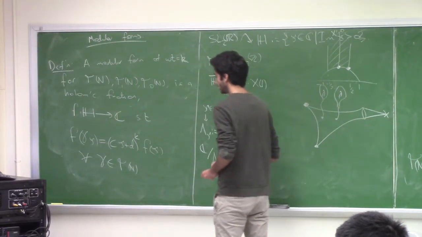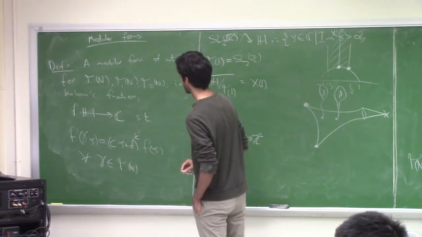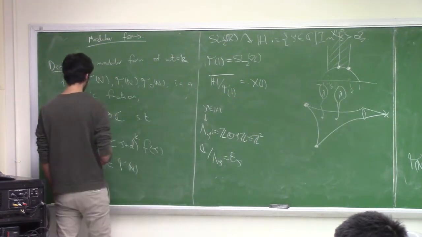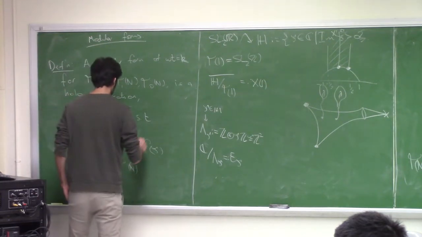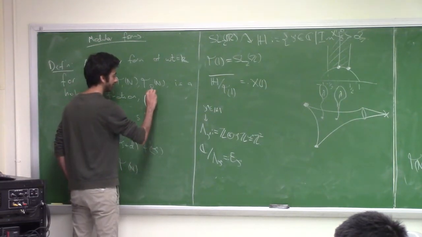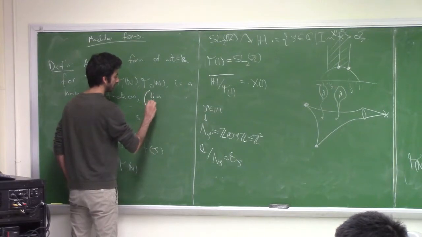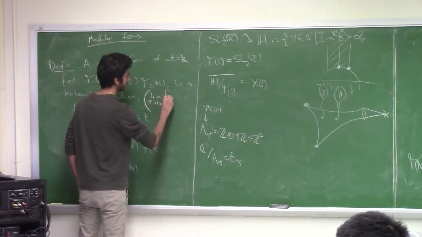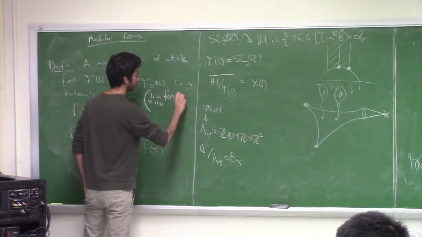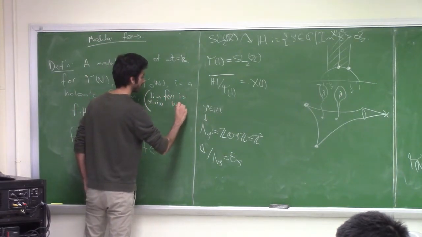And let me add one more technical thing: the limit as tau goes to i infinity of f tau is bounded.